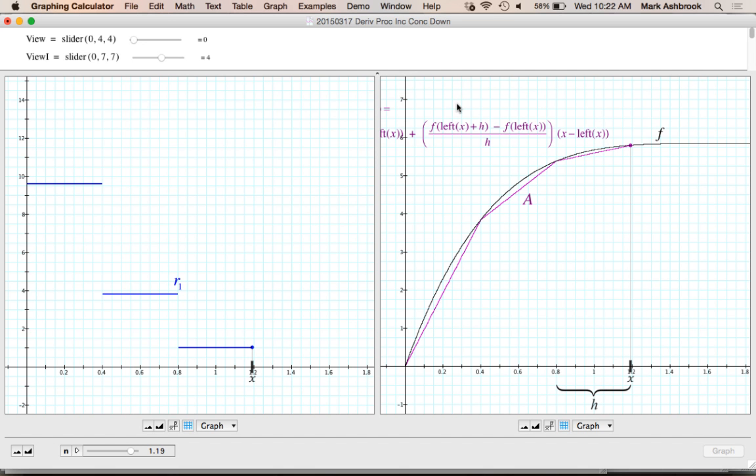Because that is our rate. We already did it. It's what we called m before. This is the function that gives us the constant rate in every interval. There it is: f of x plus h minus f of x, all over h.